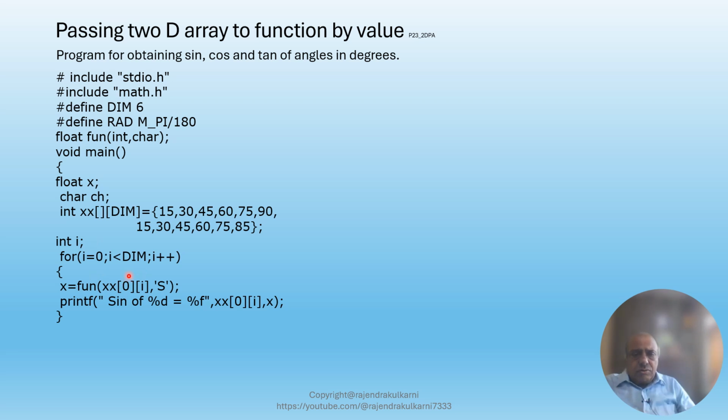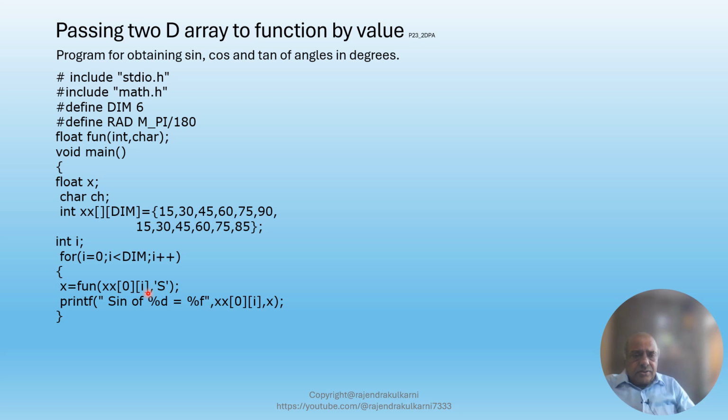In this for loop, what we are going to do is pass the values of the array xx 0th element one by one. By this for loop, we call the function x is equal to fun(xx[0][i], 'S').